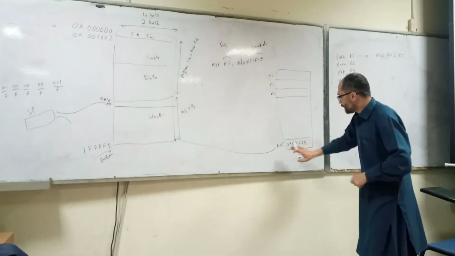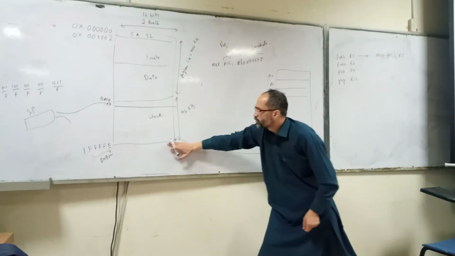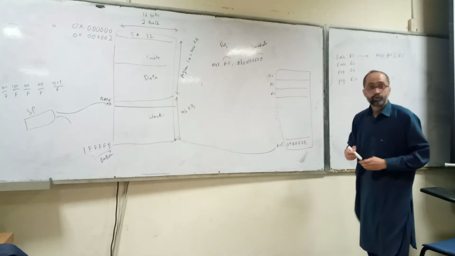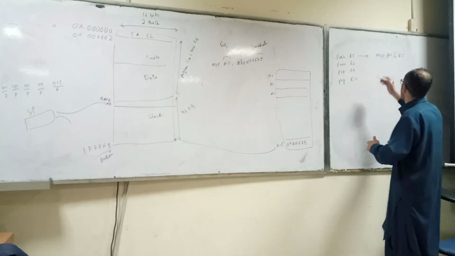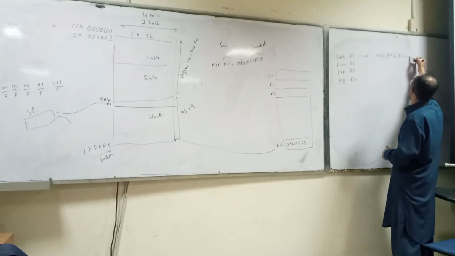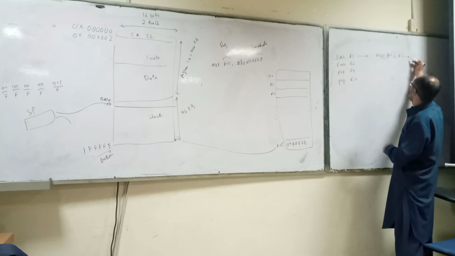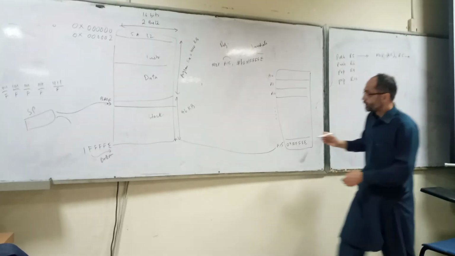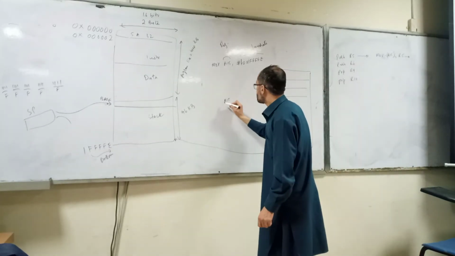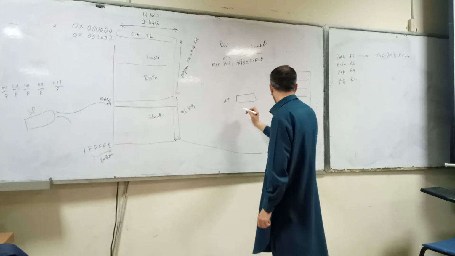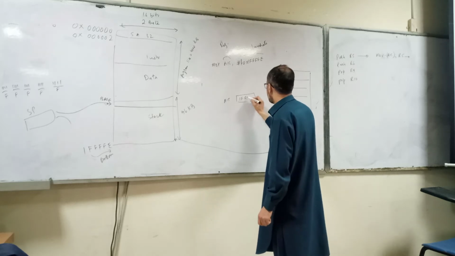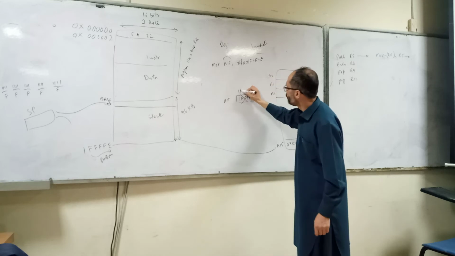Now A15 is pointing to the bottom address. After this instruction, first A15 will be decremented. A15 has the value 1FFFE. First it will be decremented, so what will be the new value?